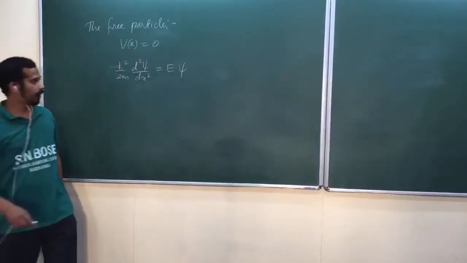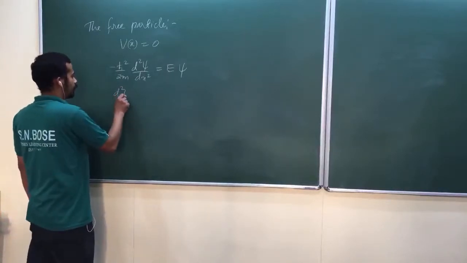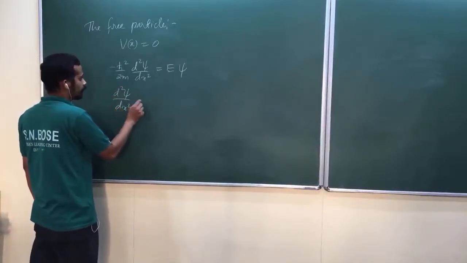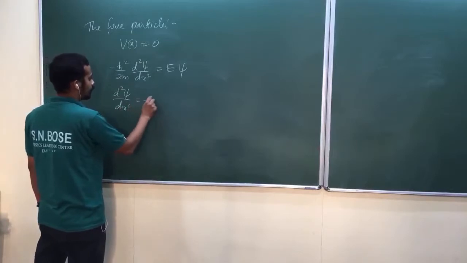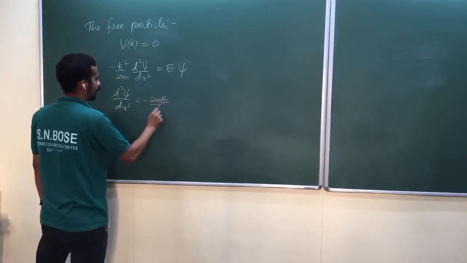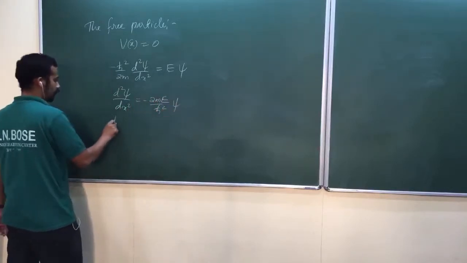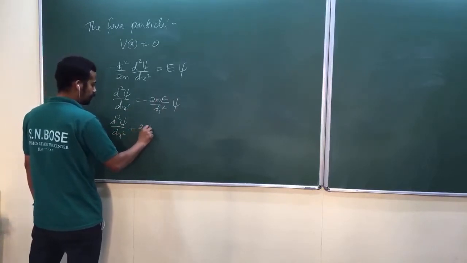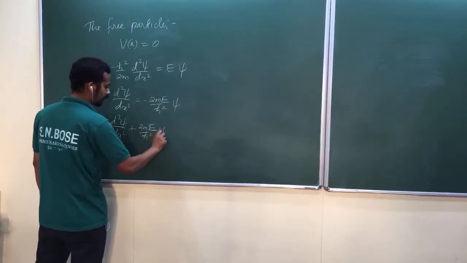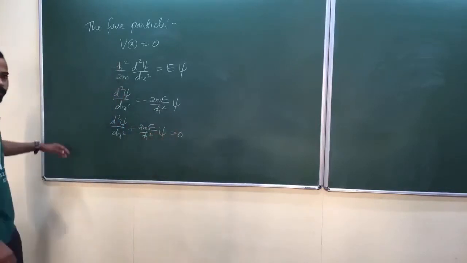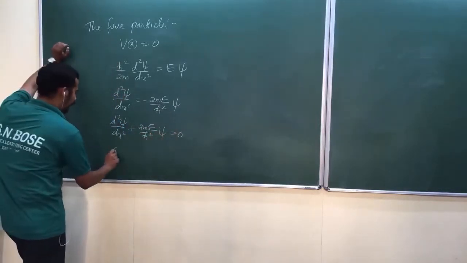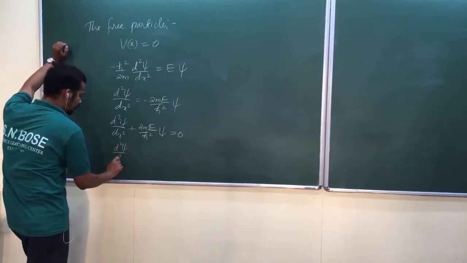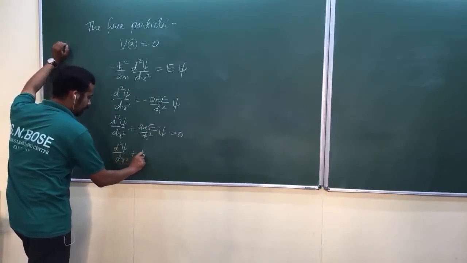So now, if you solve this Schrodinger equation, d square psi by dx square is equal to minus 2mE by h bar square psi. Check it out: d square psi by dx square plus 2mE by h bar square psi is equal to 0. We write this as d square psi by dx square plus k square psi equal to 0.